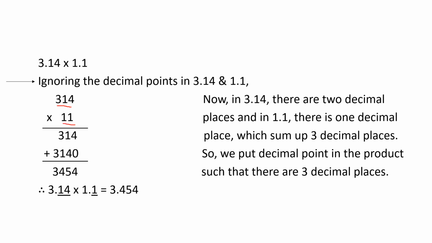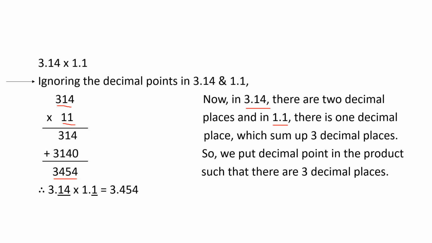So after multiplication we'll be getting the answer as 3454. Now we'll count the total number of decimal places. Okay, so in 3.14 there are two decimal places and in 1.1 there is only one decimal place. So we'll add these numbers.